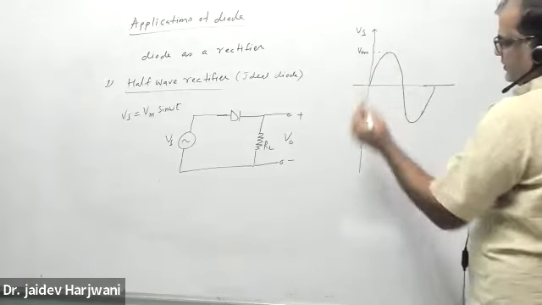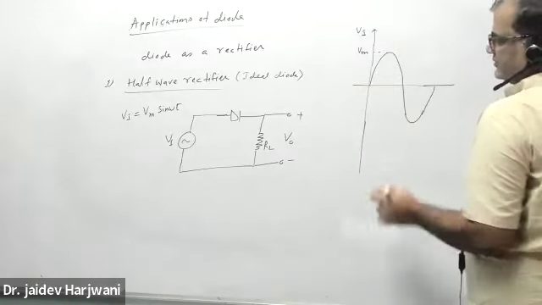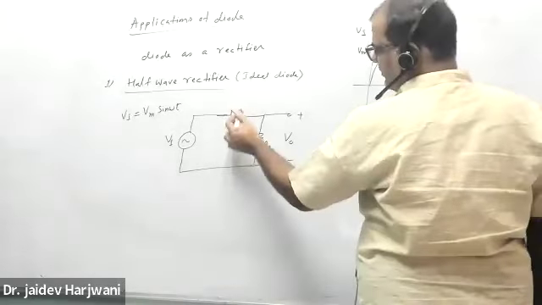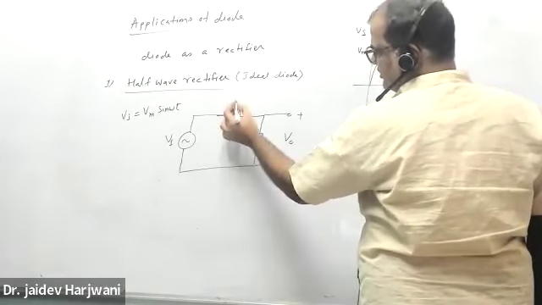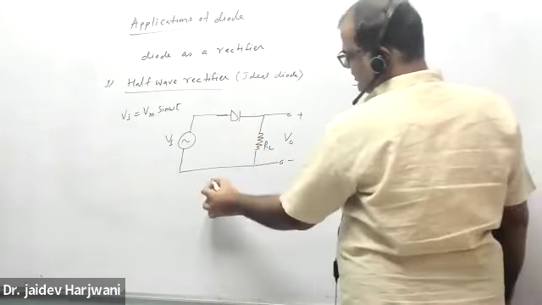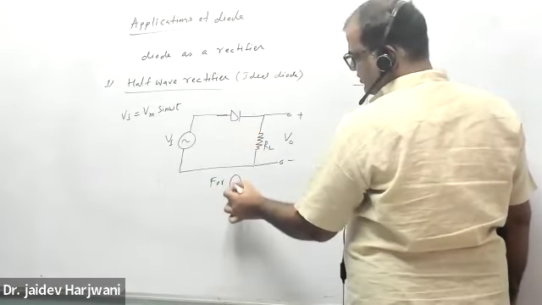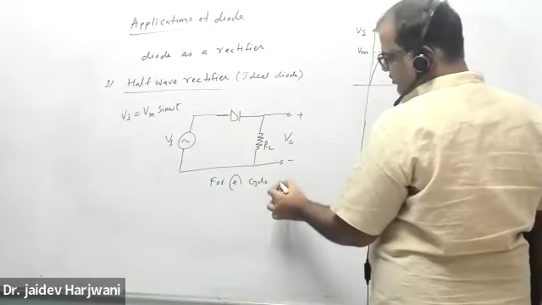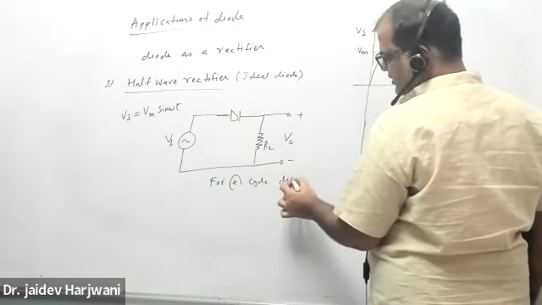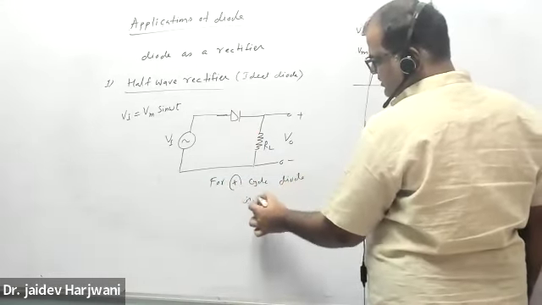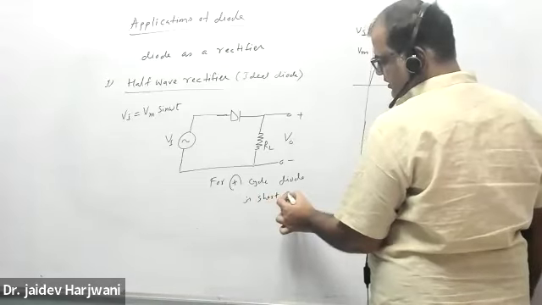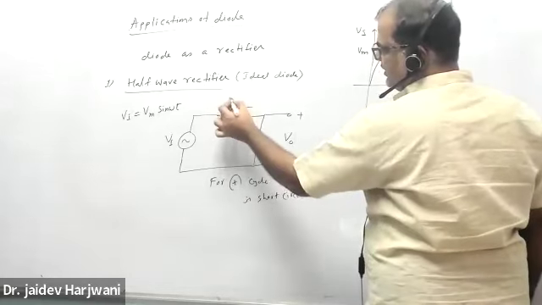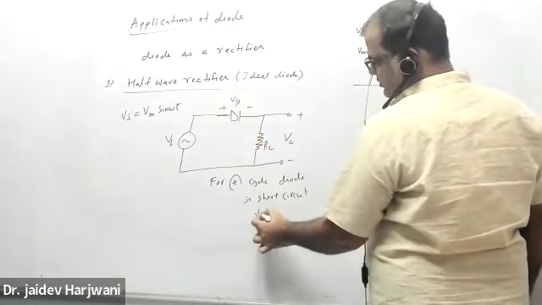And here, now this is the positive cycle and this is the negative cycle. So whenever there is a positive cycle, this diode will be short circuited. So for positive cycle, diode is short circuit. That means the voltage drop Vd is 0.